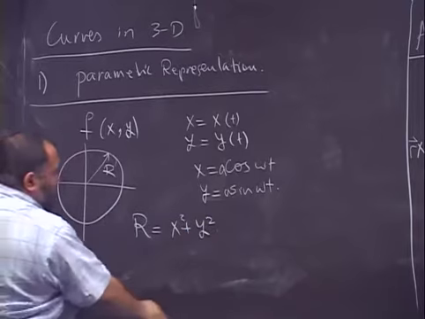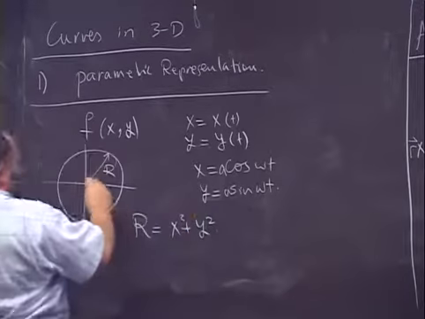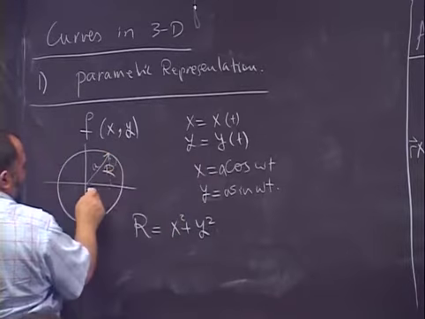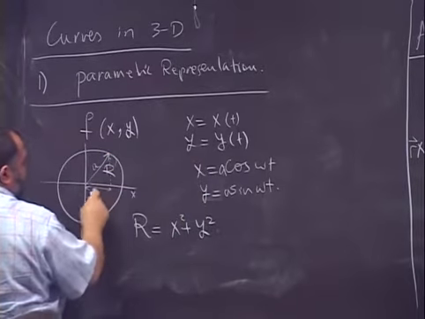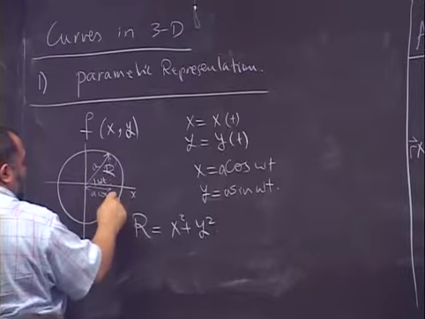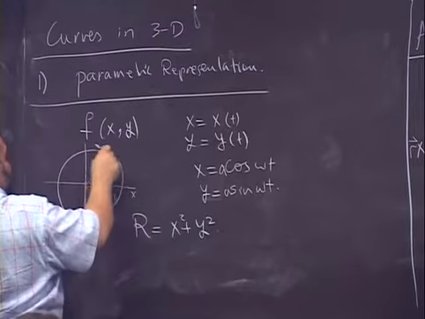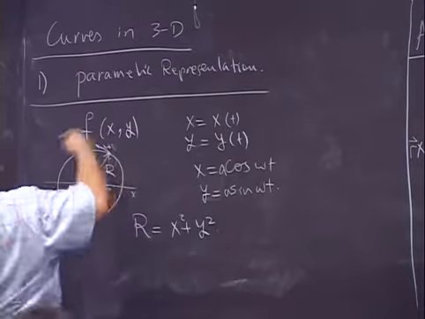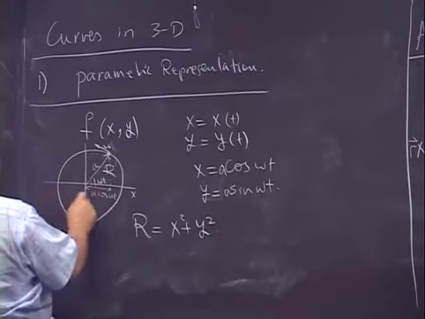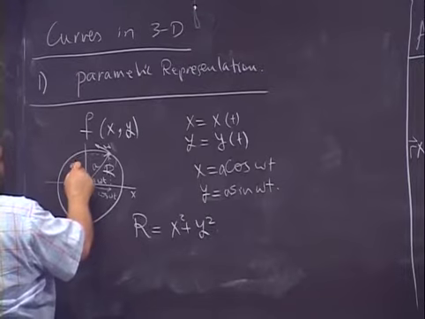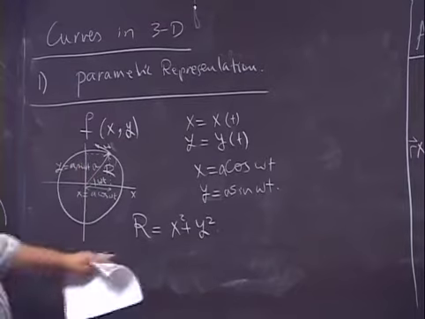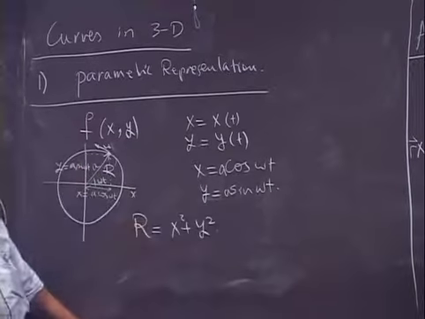So also you can define the circle as r equal to a, and then x will be what? x will be a cosine omega t, if there is a particle rotating here, and there is an omega angular velocity here, and y will be what? a sine omega t. This is the sine part. So this is y.